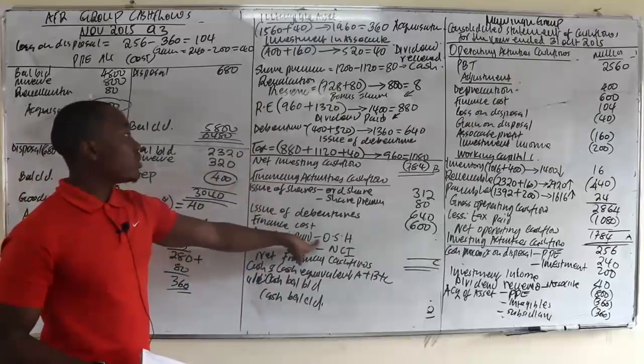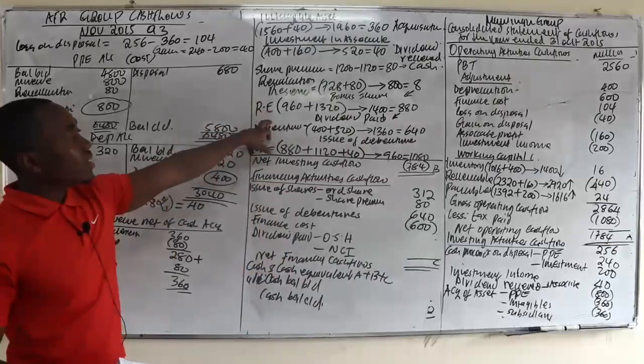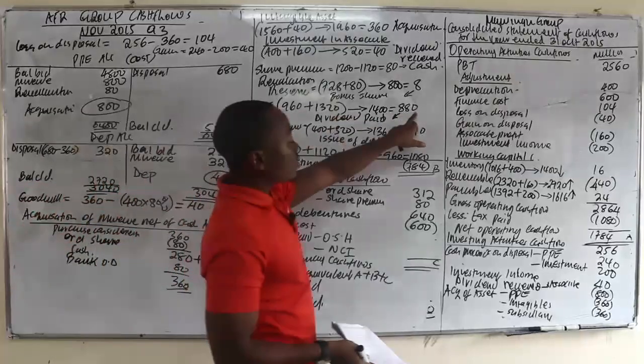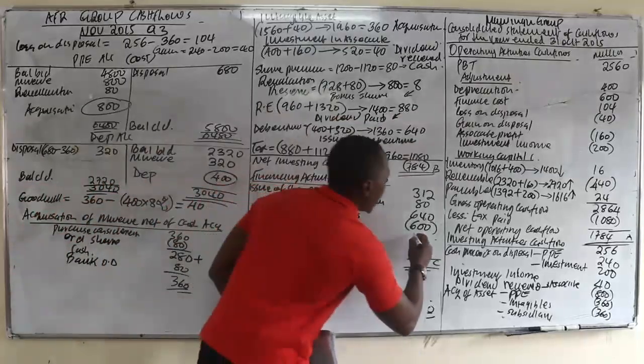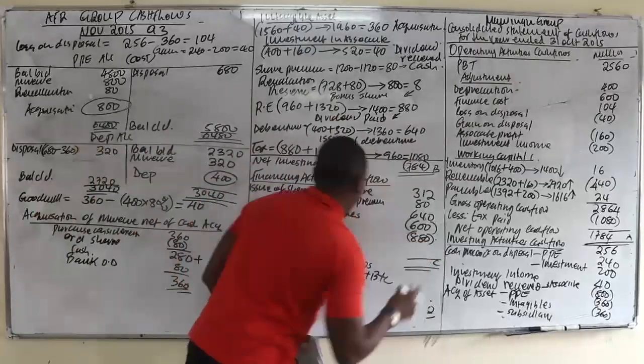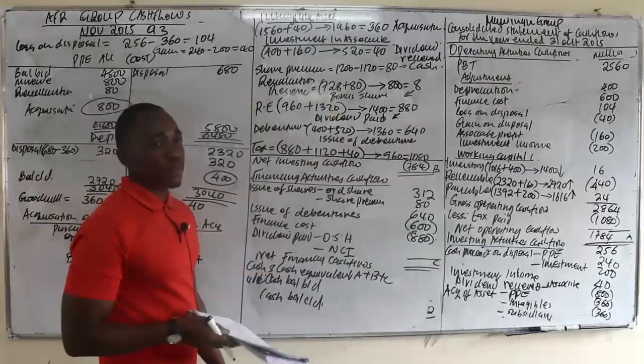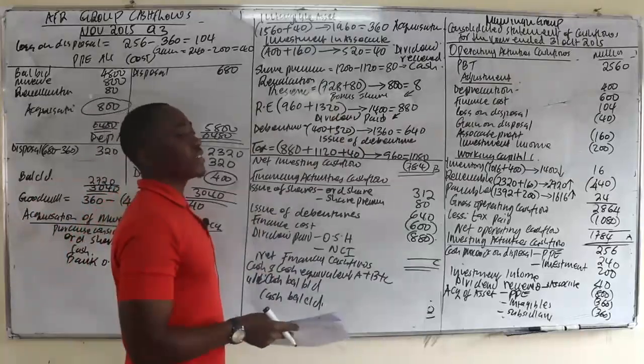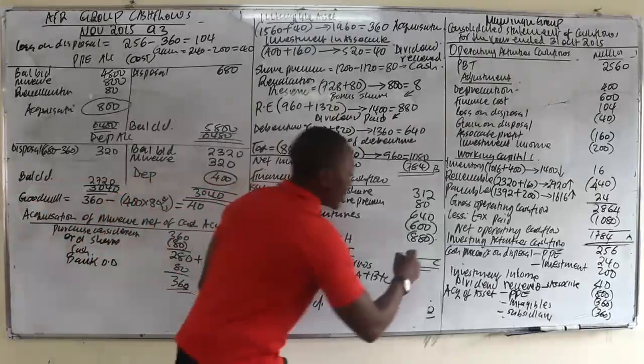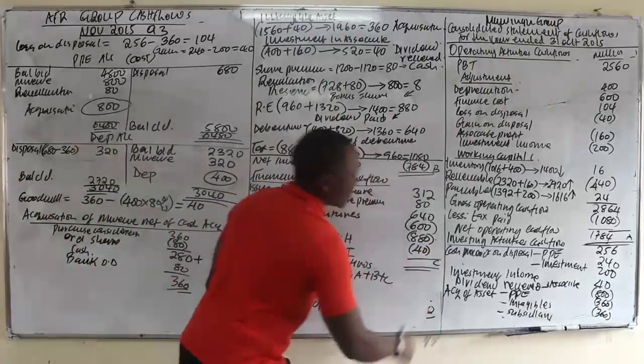Dividends paid to ordinary shareholders from the retained earnings. And dividend paid was an amount of 880. It's an outflow. NCI. Was it 40? Look at your screenshot. Was 40, right? Yeah, it was 40.